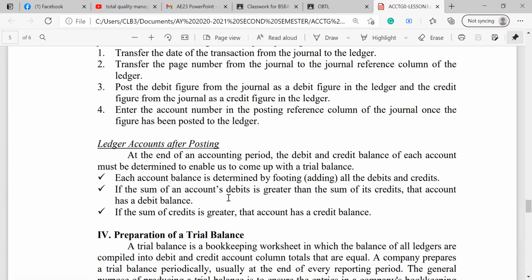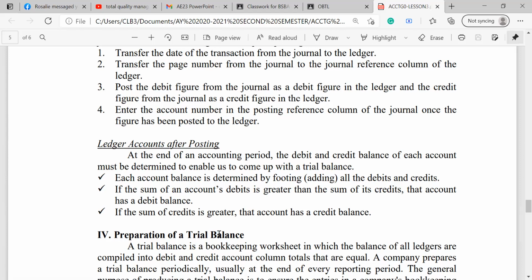Kung mas malaki yung debit side kasi sa credit side, then the account has a debit balance. Kabaliktaran naman kapag mas malaki yung credit side kasi sa debit side, the account has a credit balance. Okay? So, ibig pong sabihin, at the end of the accounting period, ma-identify natin ilan or magkano ang balanse ng bawat ledger accounts. Bakit siya mahalagang i-identify? Kasi gagamitin mo siya sa pagpiprepare ng trial balance.